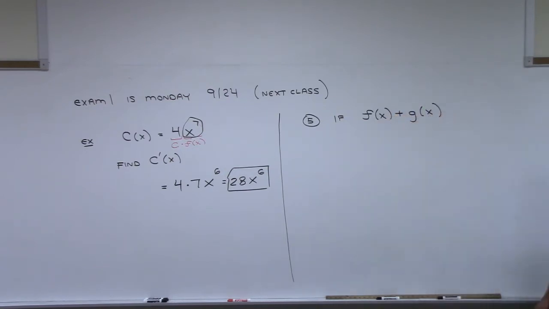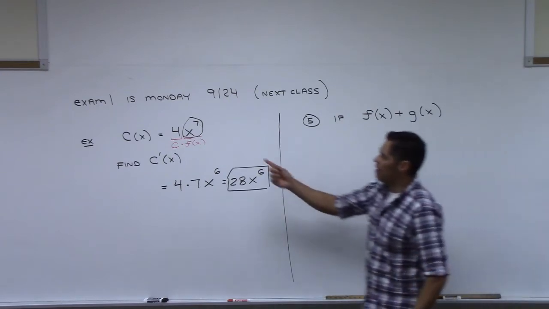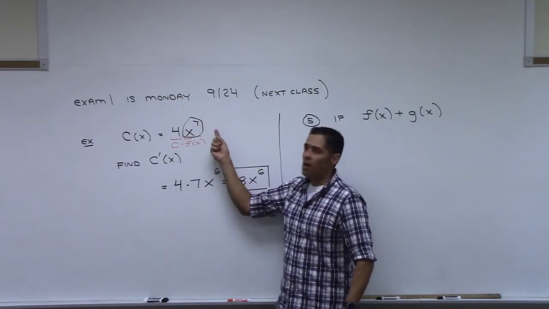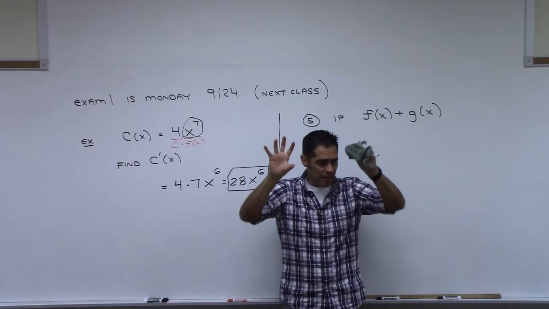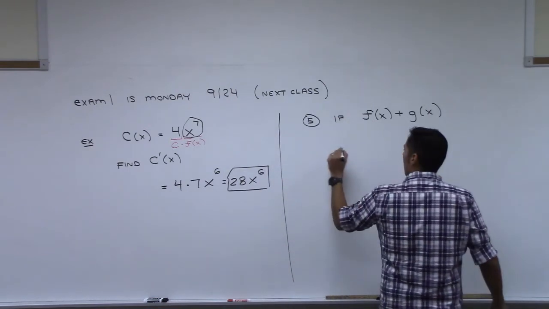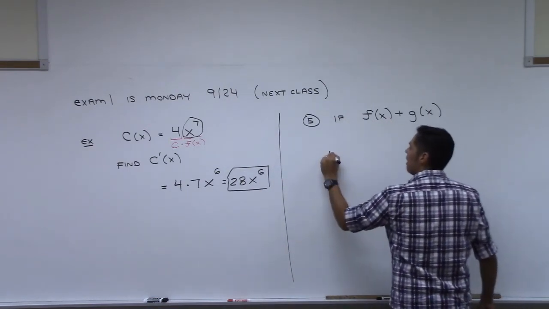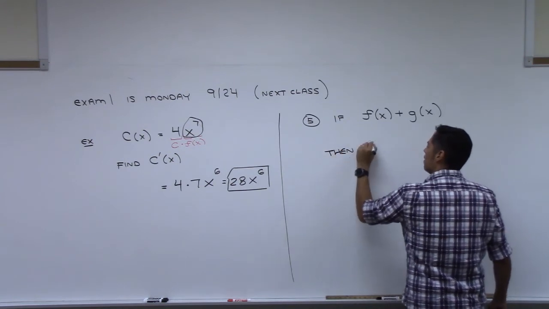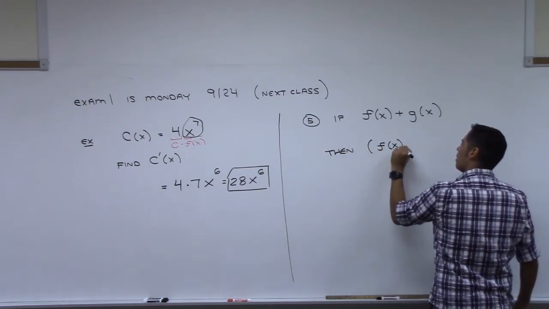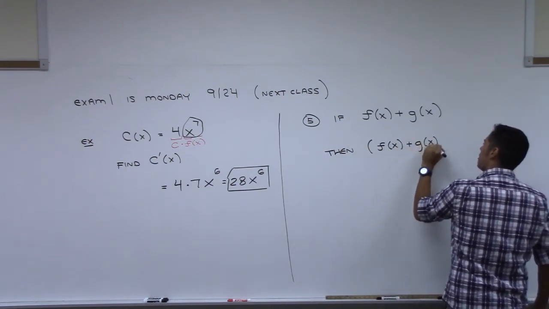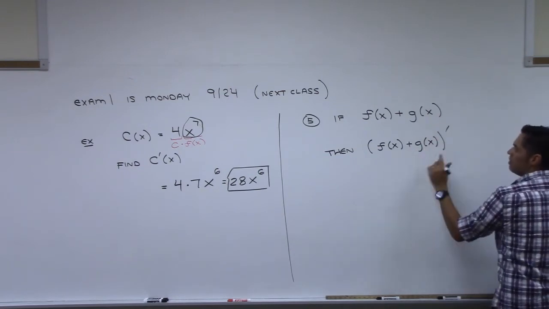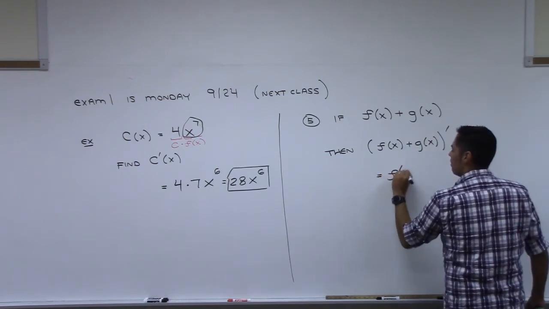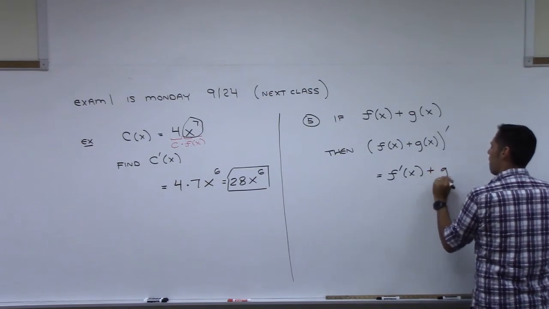Let's say you had like 4x to the 7th plus 3x squared. So you had two separate things. So if you have a sum of two functions, then the derivative of the sum of these two functions is equal to this.